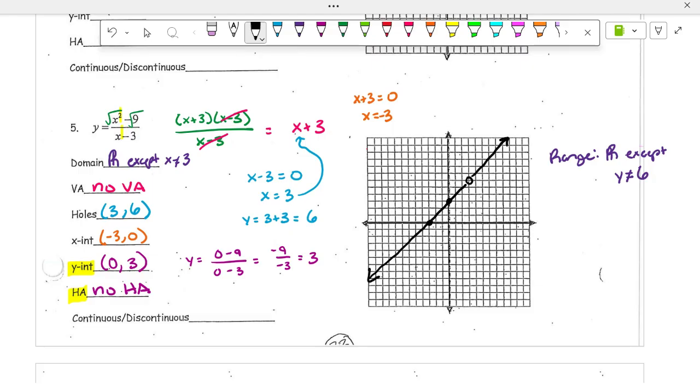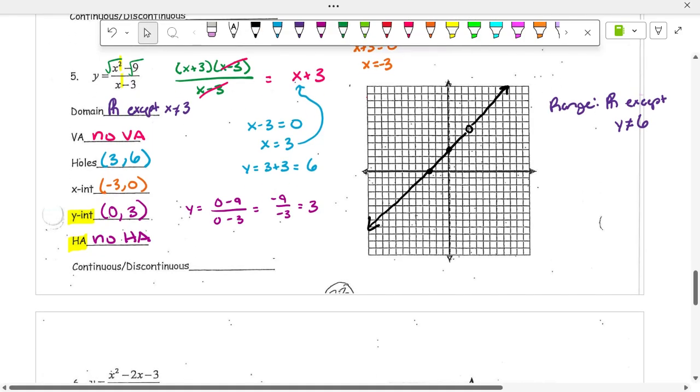Now, here's my question. Is this a continuous function or is it discontinuous? Discontinuous means it breaks or it jumps. It's discontinuous because of that hole. The hole is where it breaks.